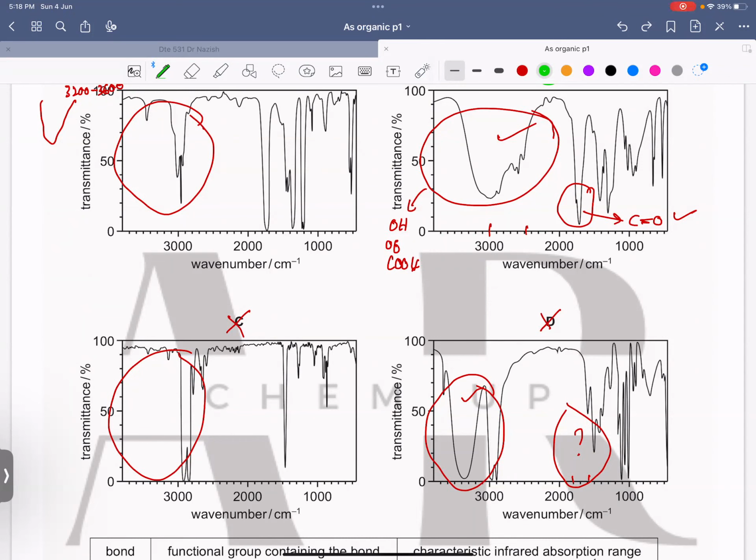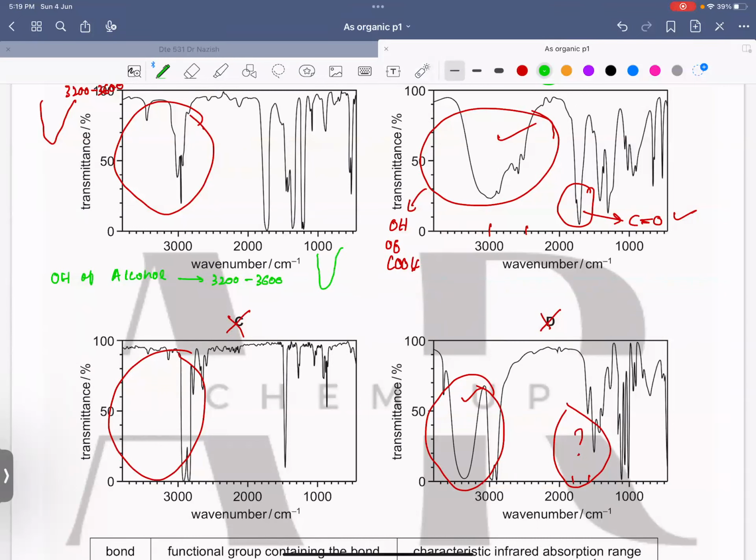There are two kinds of OH. One is the OH of alcohol. Remember, the OH of alcohol shows a peak in the region of 3200 to 3600, and it is a broader peak.